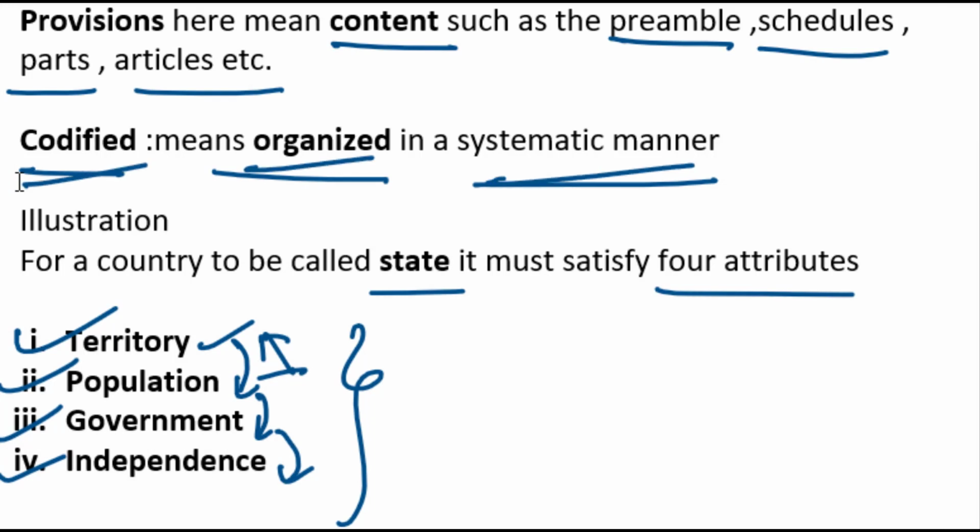Now that we have understood that the difference between a written constitution and an unwritten constitution is that the provisions of the written constitution are codified, let's examine if the Indian constitution is an unwritten constitution or a written constitution by verifying if its provisions are codified or not.